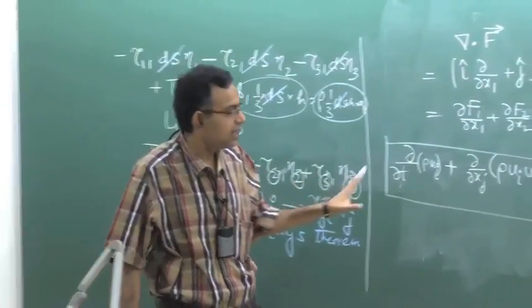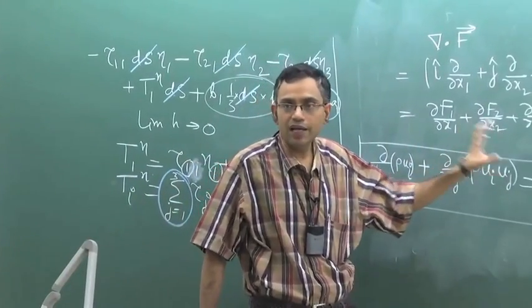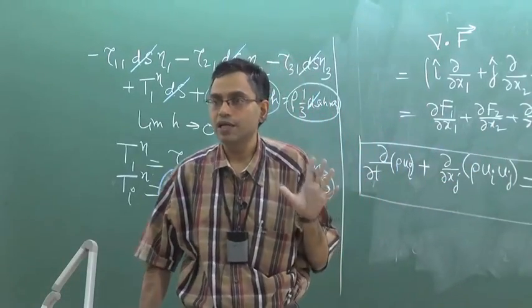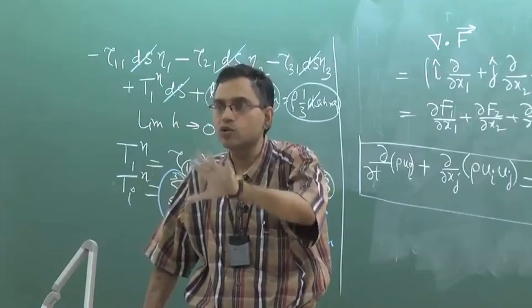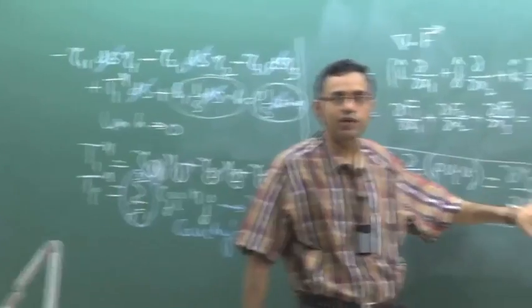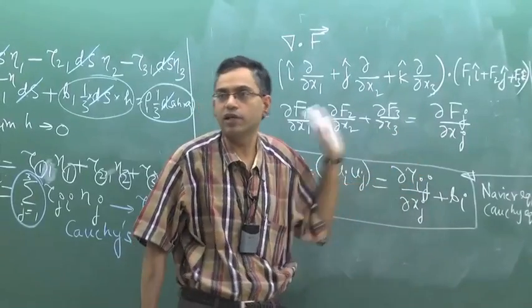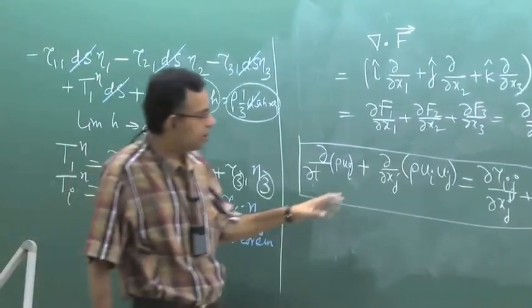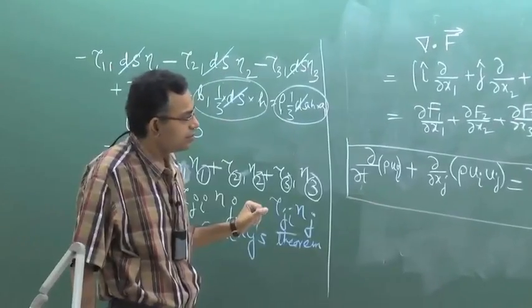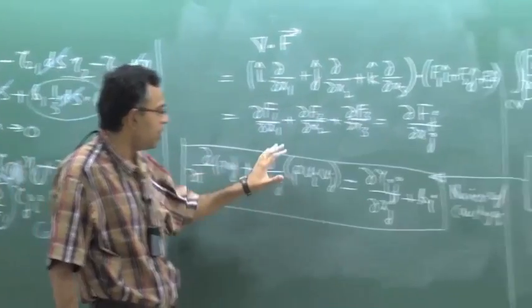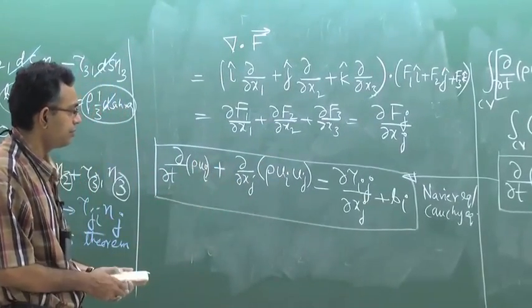Other than that, it is pretty general, and it is so important because it does not refer to what the fluid is, Newtonian fluid, non-Newtonian fluid, whatever. So you can use it for all classes of fluids so long as you do not have to consider a body couple. Okay.